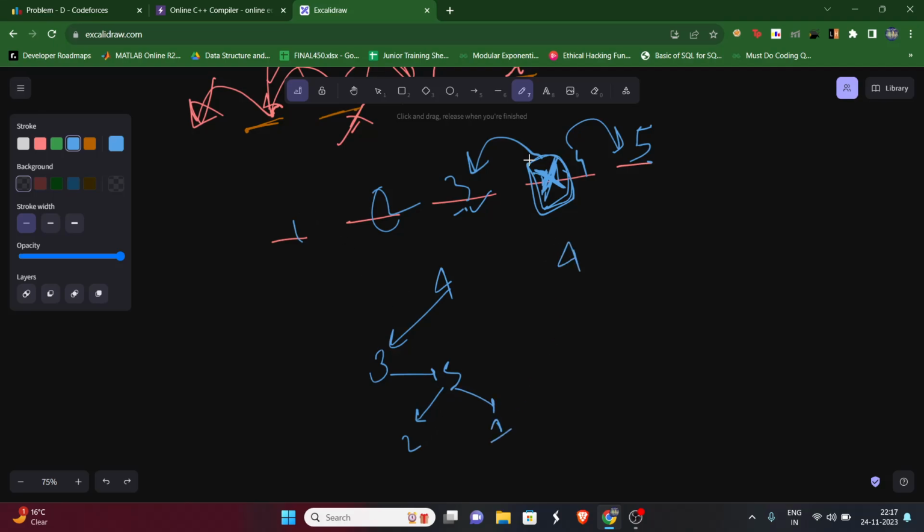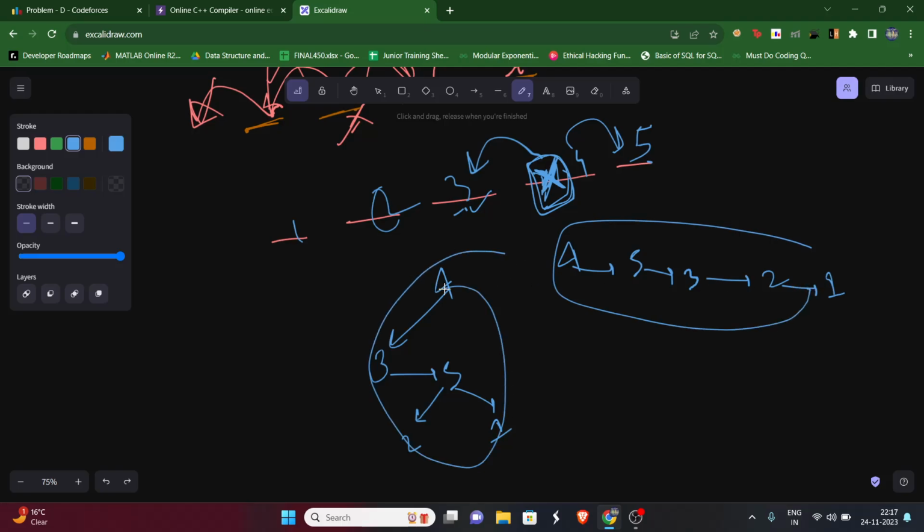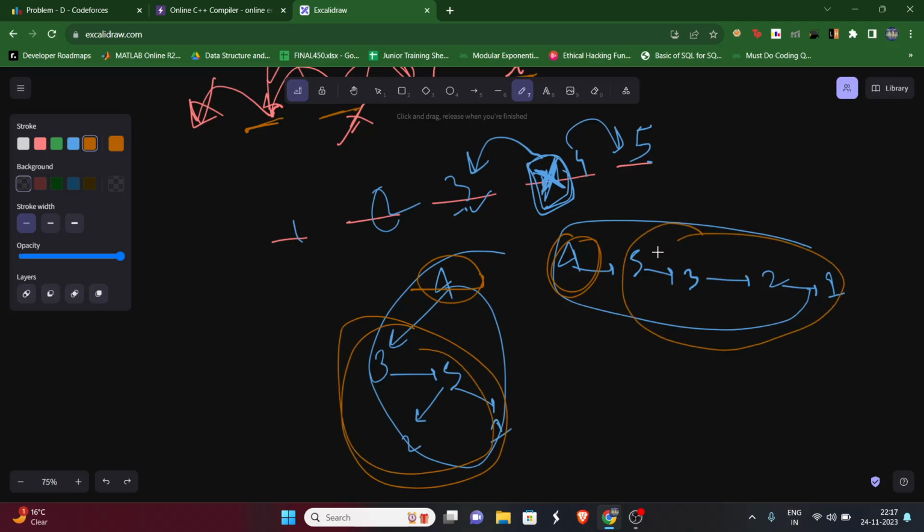Or if he chooses 4 first, then he might choose 5, then 3, then 2, and then 1. So we have different possibilities. What the question says is he can only pick this 4, and it does not matter in what order the remaining monsters are hit, that x should be able to kill all of them.